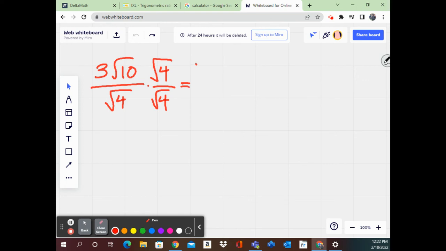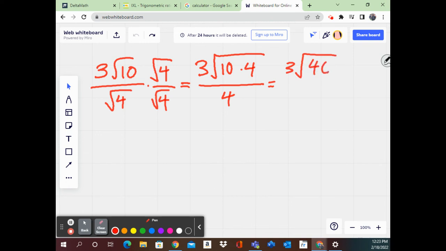So now we'll have 3 square root of 10 times 4 divided by 4. Because remember, multiplying the square root of 4 times the square root of 4 is like squaring the square root of 4. And in order to get rid of a radical, you just square it, right? So now we have 3 square root of 40 divided by 4, right?